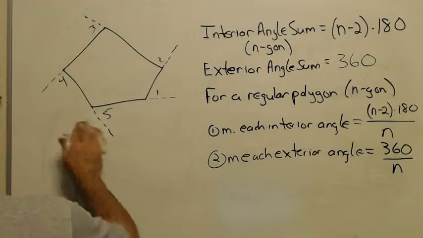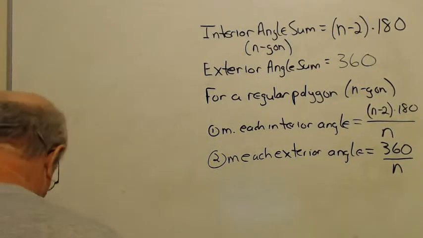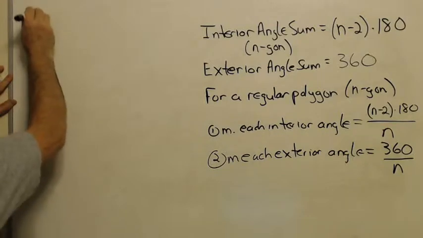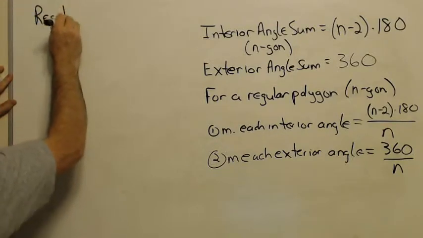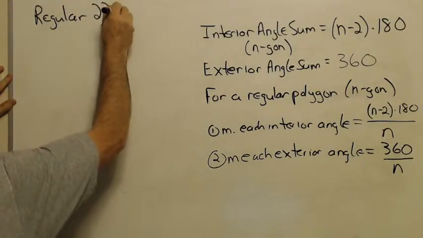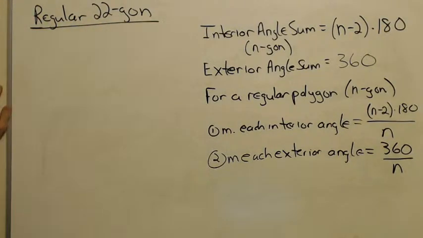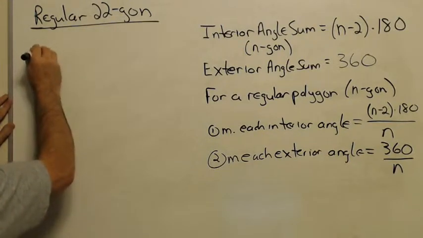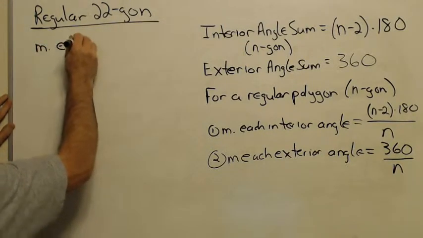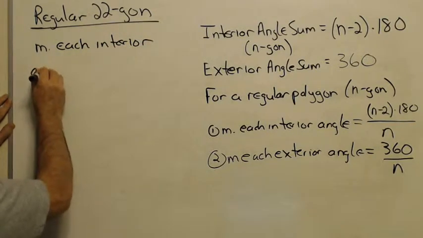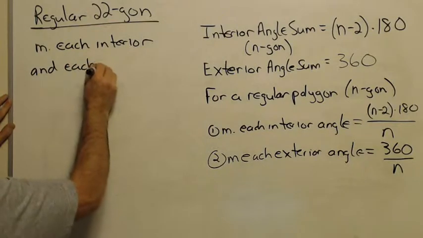So, suppose you had a regular 22-gon. Polygon with 22 sides, all of them the same, 22 angles, all of them the same. And we wanted you to find the measure of each interior angle and each exterior angle.